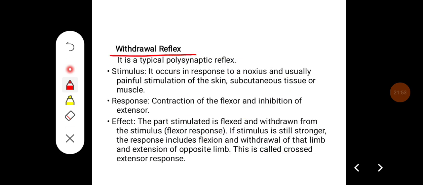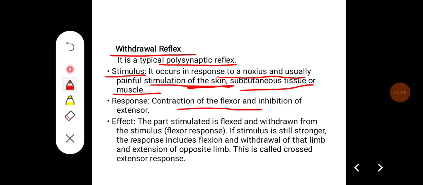The withdrawal reflex is a typical polysynaptic reflex. The stimulus here occurs in response to noxious and usually painful stimulation of the skin, subcutaneous tissue or muscle, and the response seen is contraction of the flexor and inhibition of the extensor.